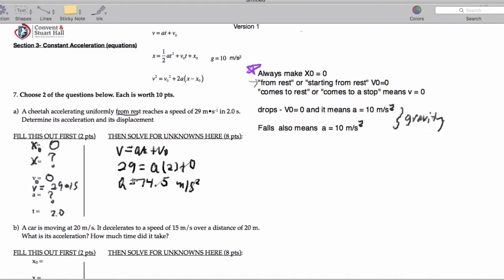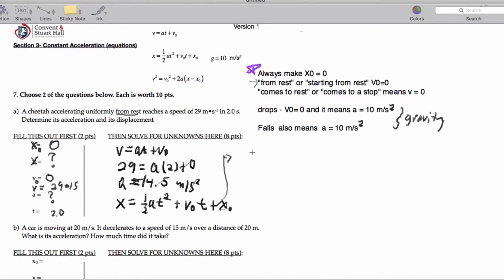Now, the next thing is let's get the displacement. For this next one I'll use x equals 1/2 at squared plus v naught times t plus x naught. Then I'll plug that number in.